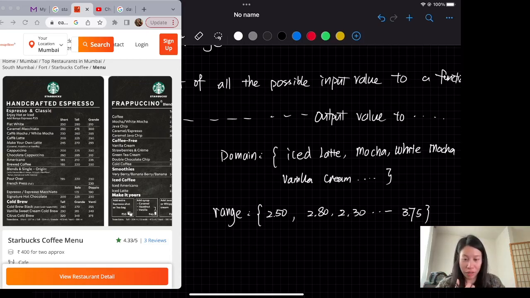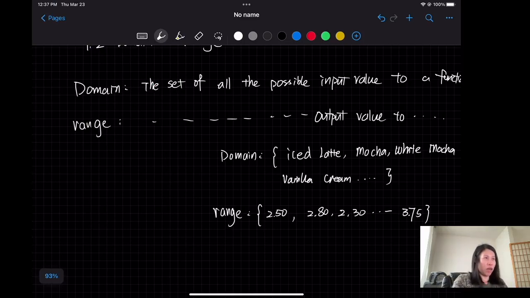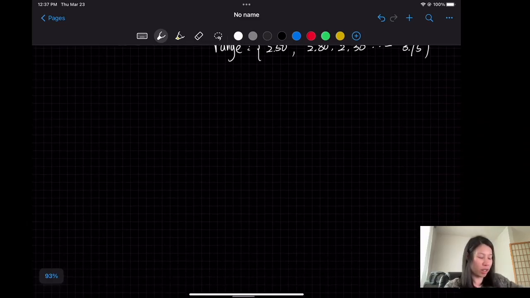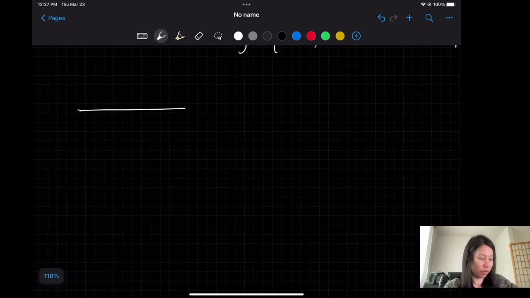So let's have another example. When you send a letter through the United States Postal Office, the price depends on the weight of the letter, as shown in this table.